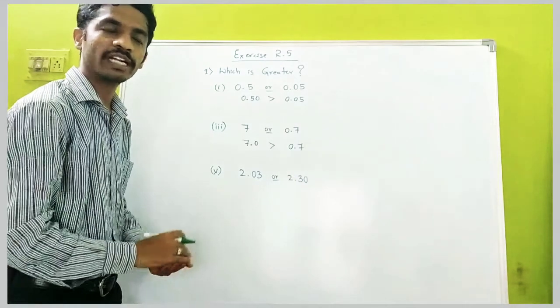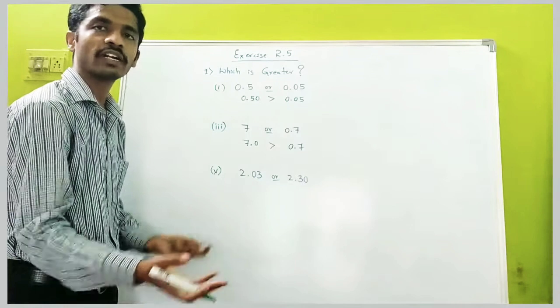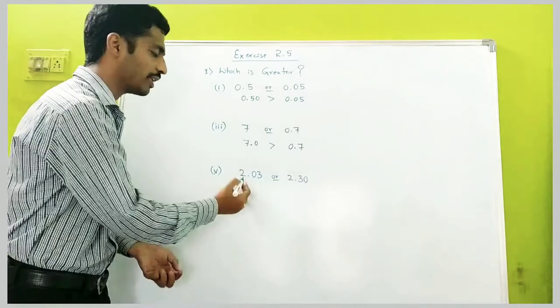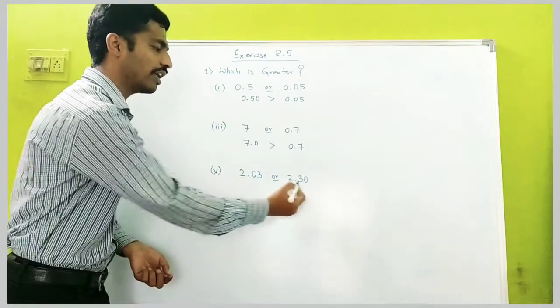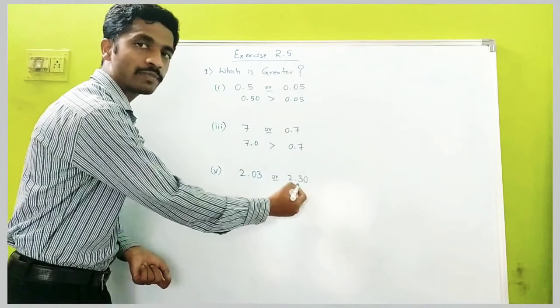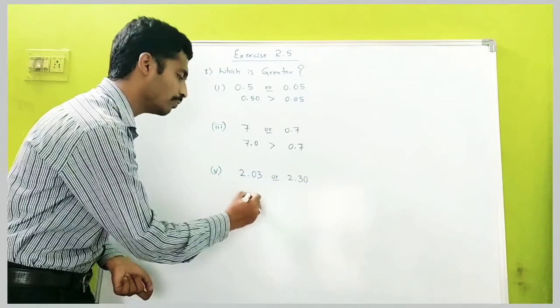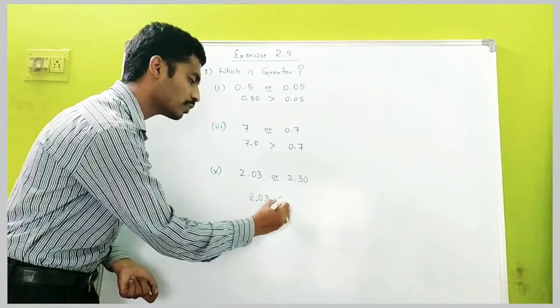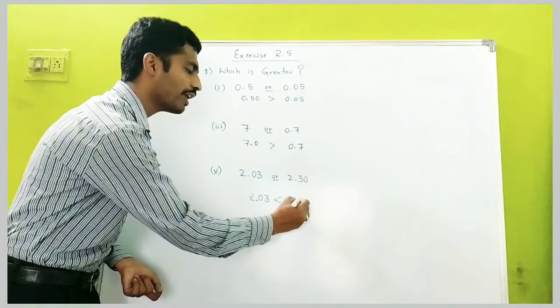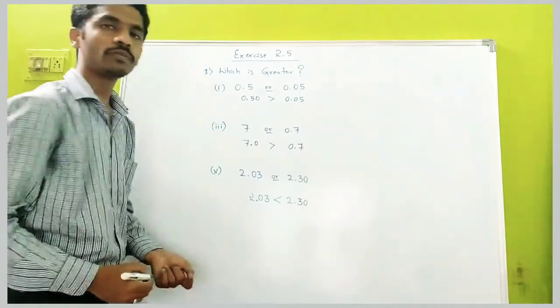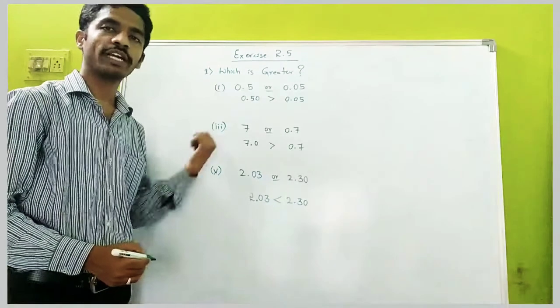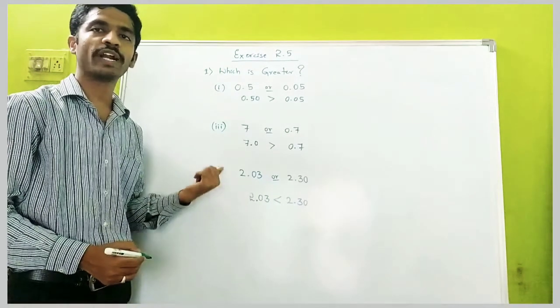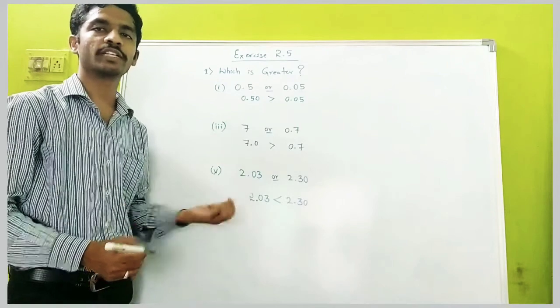Which will be the greater? 30 will always be greater. Now put the points, 2.03 becomes smaller and 2.3 becomes greater. So the symbol will be like this: 2.03 is smaller than 2.30. Understood the concept? So again go through and do those three practice questions which were skipped here.